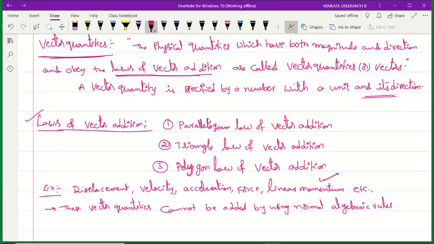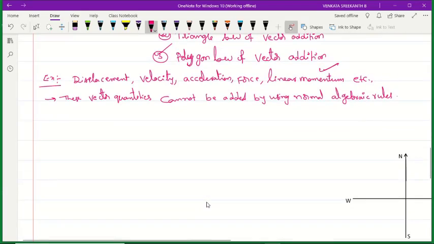If you want to add vector quantities, we should add them by using these three laws only.